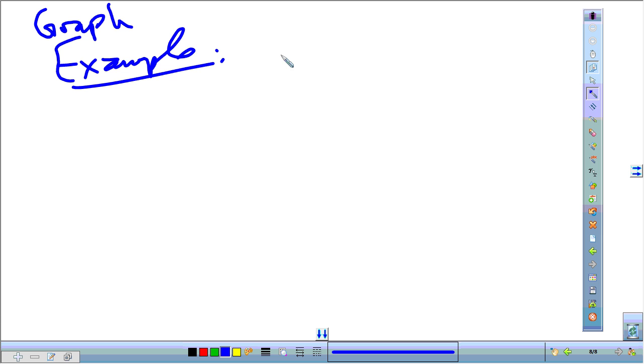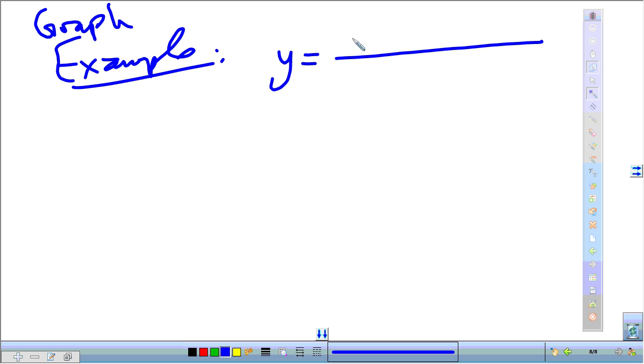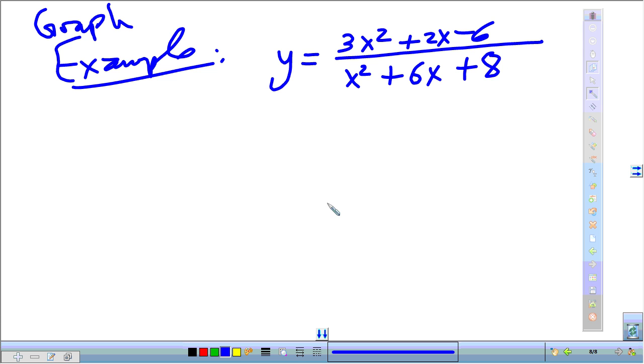Now, what we just looked at, if we look at the graph of y equal this rational expression, 3x squared plus 2x minus 6 divided by x squared plus 6x plus 8.